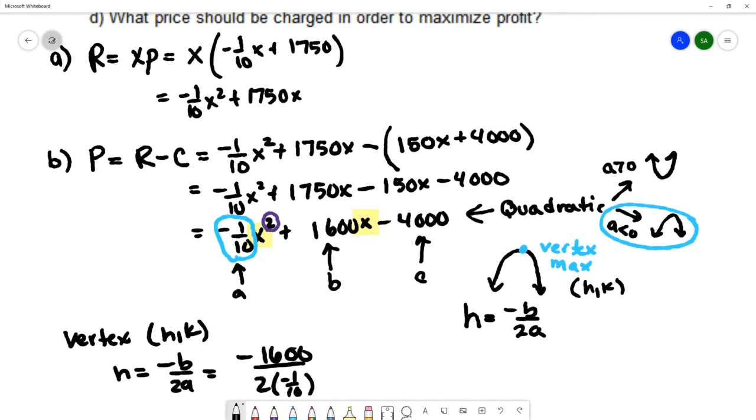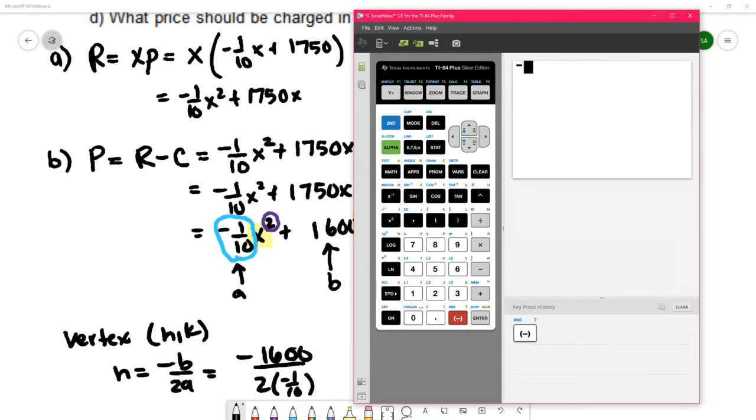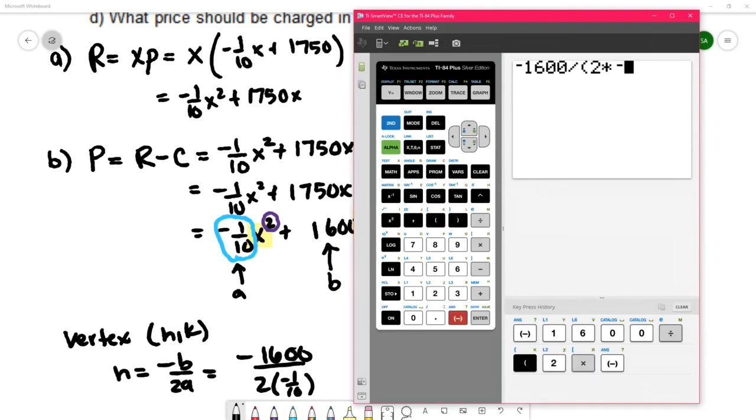I'm going to get my calculator to help me with this. Okay, so I have my calculator here, and I'm going to, for the numerator, type negative 1,600. We're going to divide that, and I need parentheses around the whole denominator. 2 times negative 1/10, and close parentheses for the denominator.